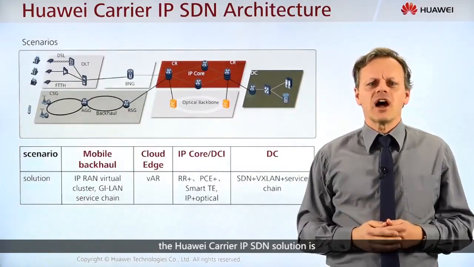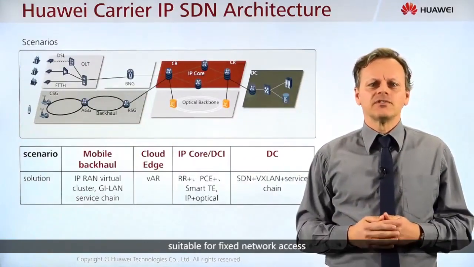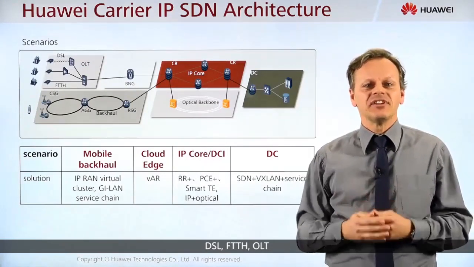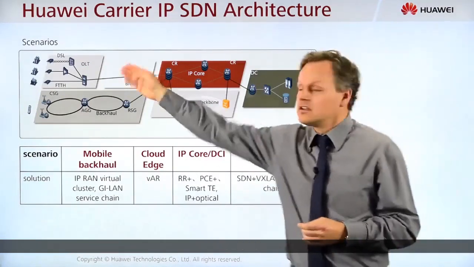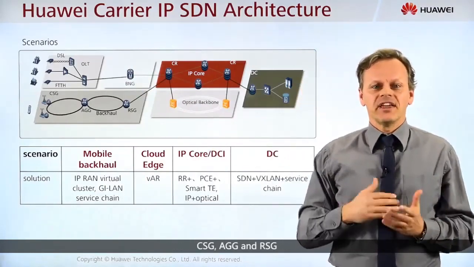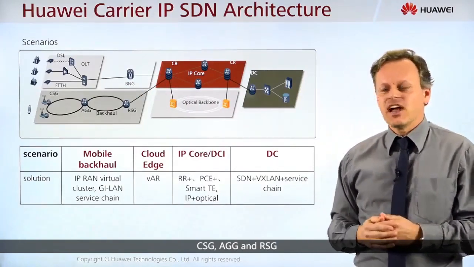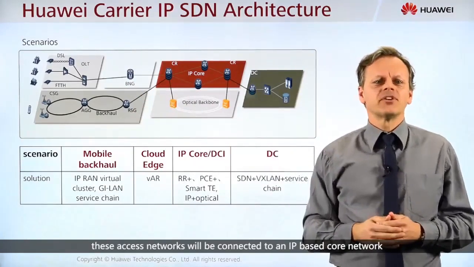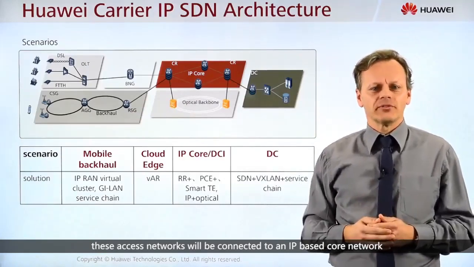The Huawei carrier IP SDN solution is suitable for fixed network access via DSL, FTTH, OLT, as well as for mobile access networks, CSG, AGG, and RSG. These access networks will be connected to an IP-based core network.